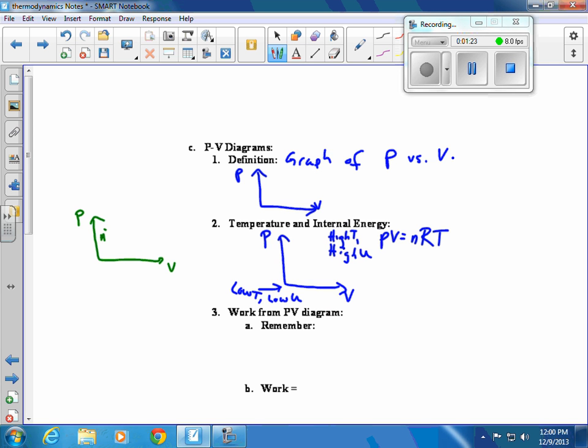It starts at state A and goes to state B. They might ask you on the AP exam, what's happening in the internal energy? So we would say that the temperature is increasing for AB. The temperature is increasing, the internal energy is increasing, in both because I'm getting farther from the origin.